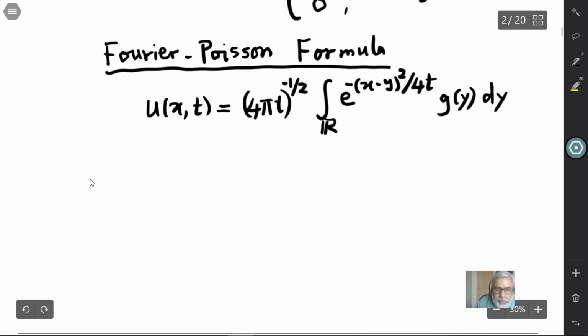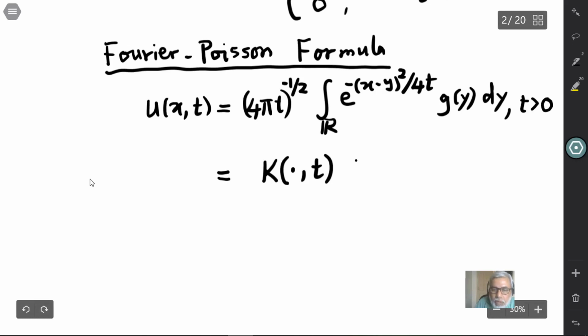Okay, so this can be written as k, as a function of x with a dot here, and t, for t positive, star g of x.